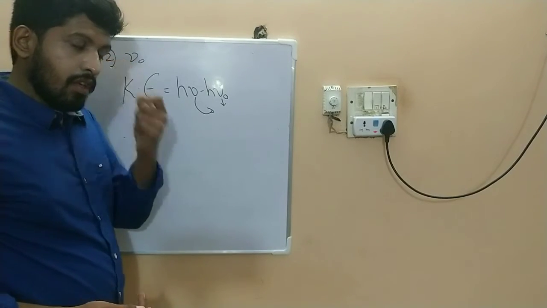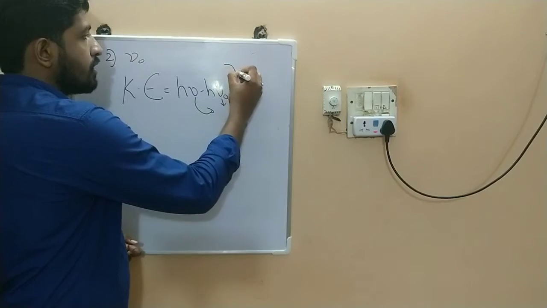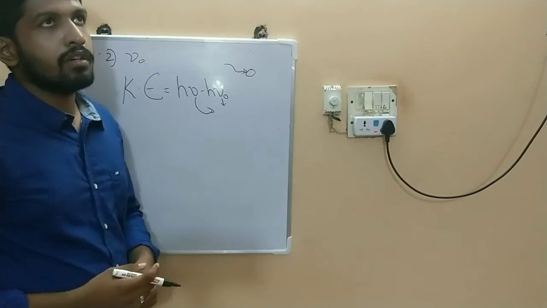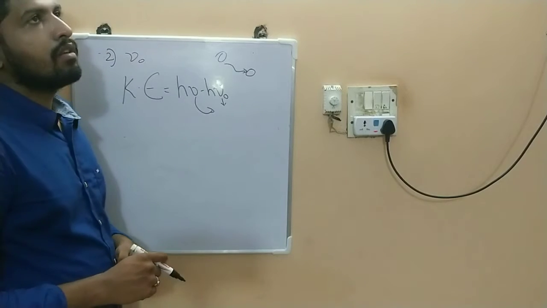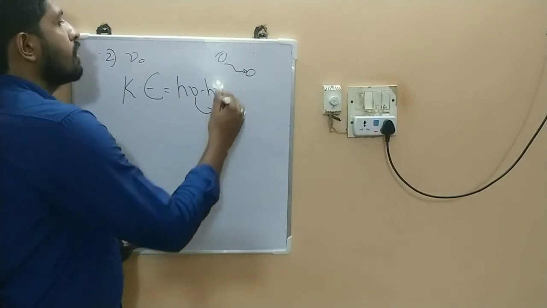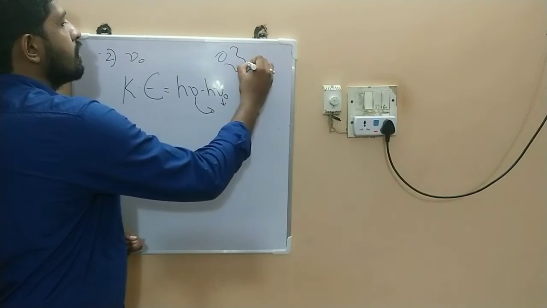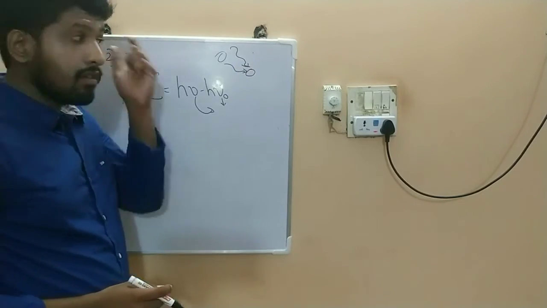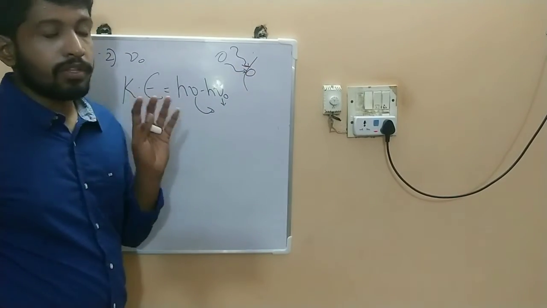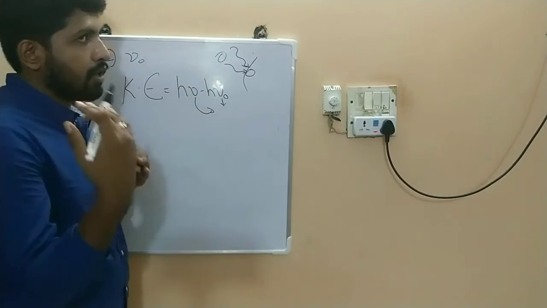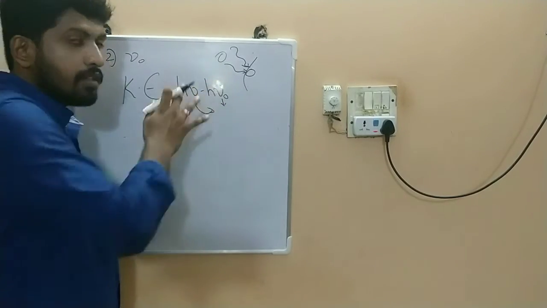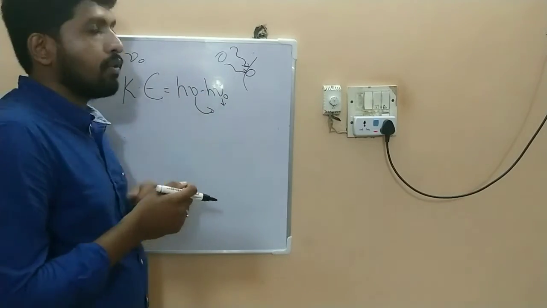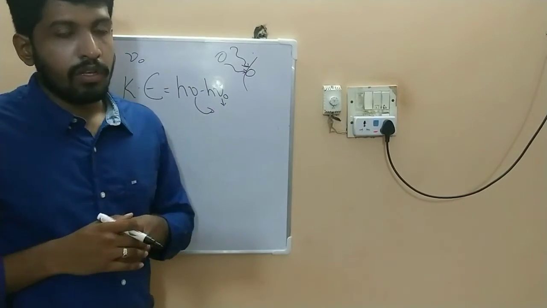suppose an electron can be ejected only if the color of the light is orange. This means the electron from a metal surface can be ejected using orange light, and violet has a much higher frequency than orange, so violet can be used as well.